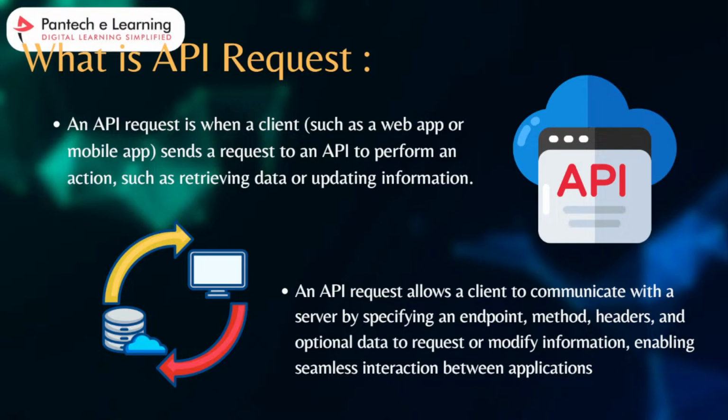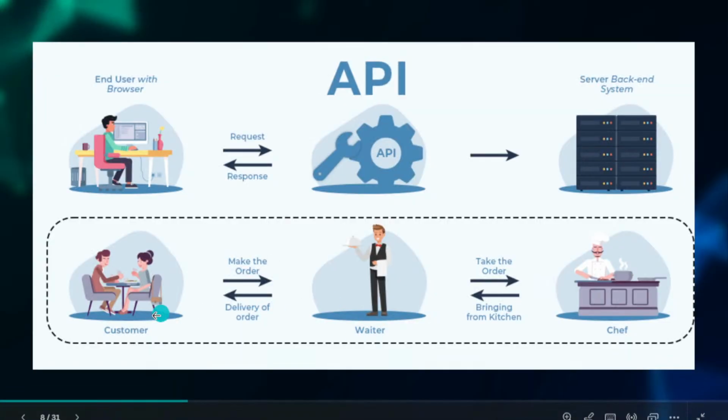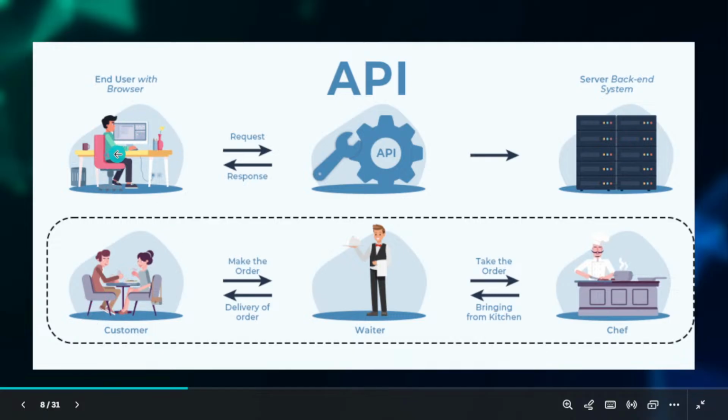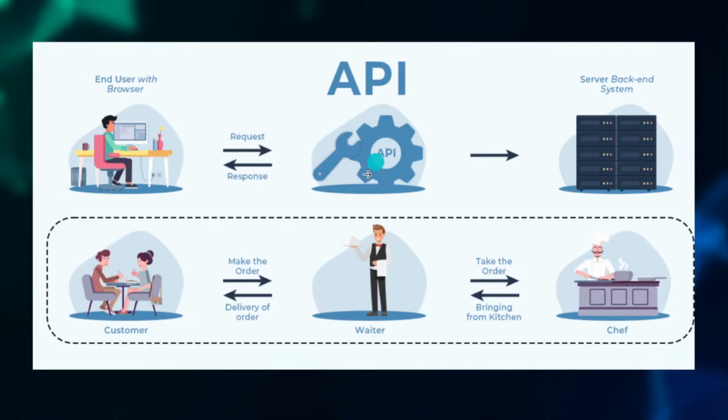Okay, we already know what a request is. In an API request, we are asking for something. When a client such as a web app or mobile app sends a request to the API platform, the API goes to the server, and based on the server response, the API responds to the end user.